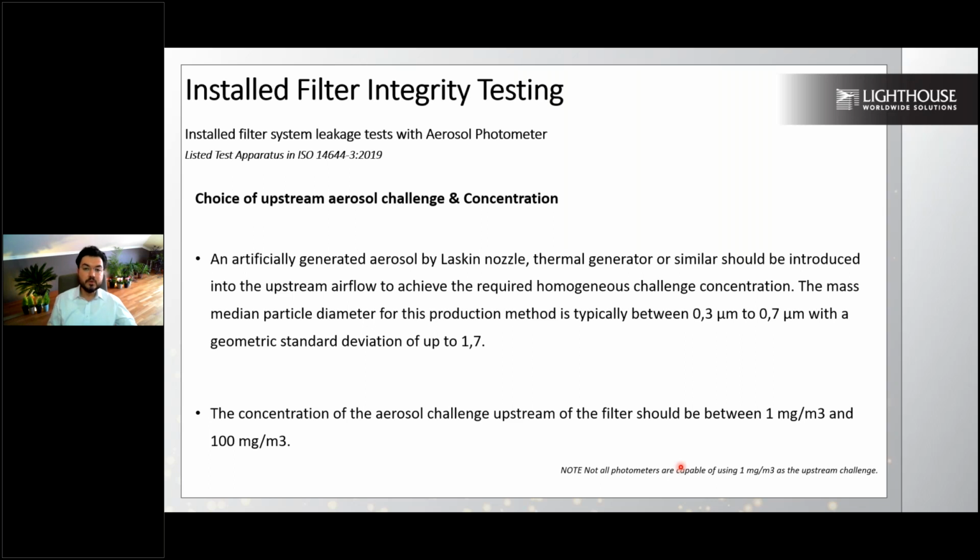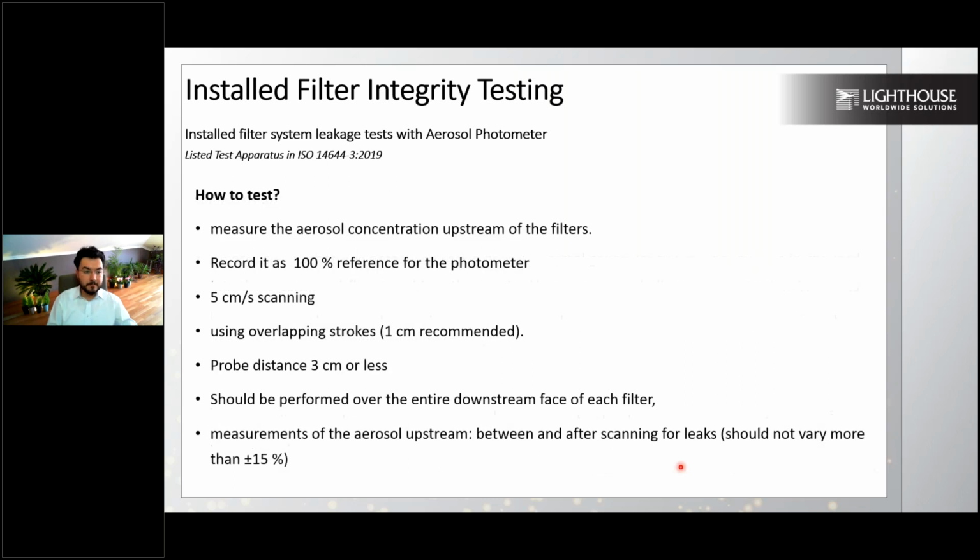Or if you're sending 0.2 micron, this could be a smaller, tennis ball size. But in any case, if your hole is the size of a stadium, then any size of particles will come through these holes, physical damages. We're not making a final filter efficiency testing, but we are testing an integrity. That's why, in any case, we are going to find a solution for your physical damage on your filter surface.